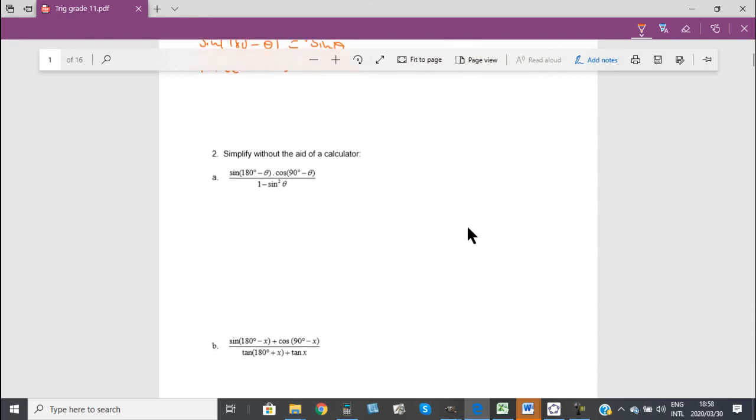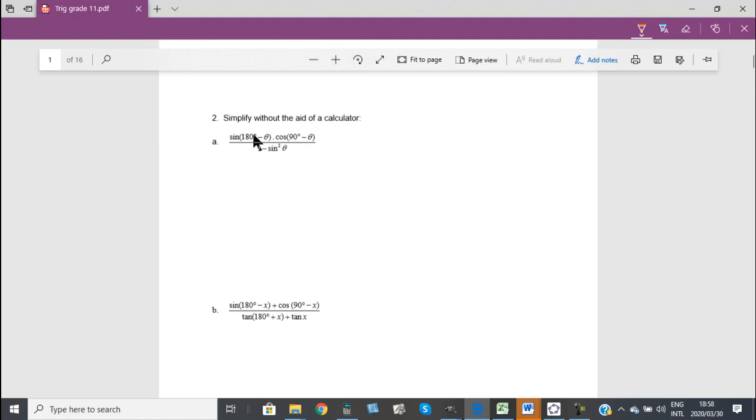Okay, it's actually that easy. Now simplify this without using a calculator. Let's check. Sine of 180 minus, it's positive, so this will just be positive sine theta, times cos of 90 minus, it's positive, but 90 changes the ratio, so this is just sine of theta, over 180 minus sine squared.